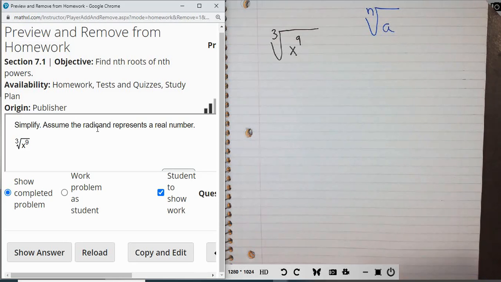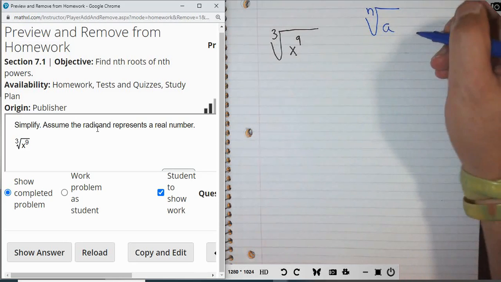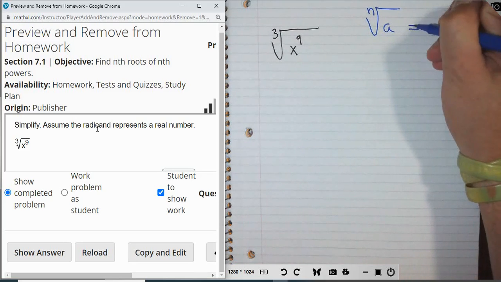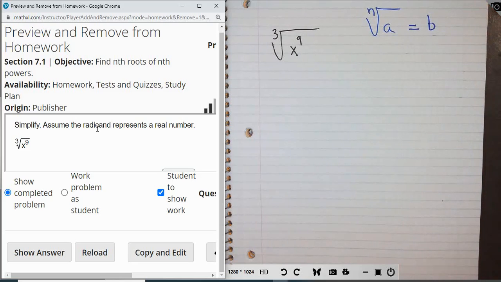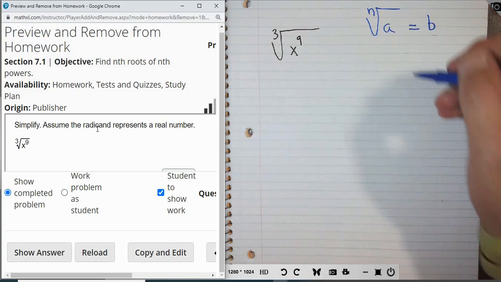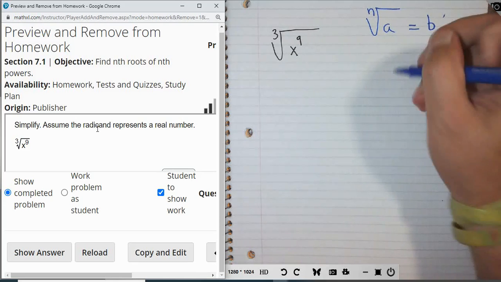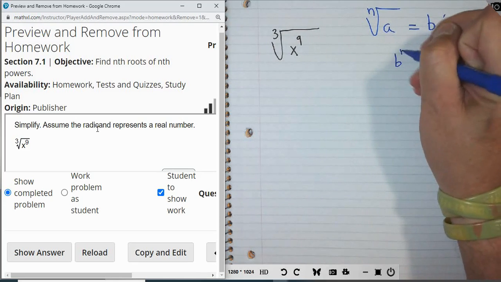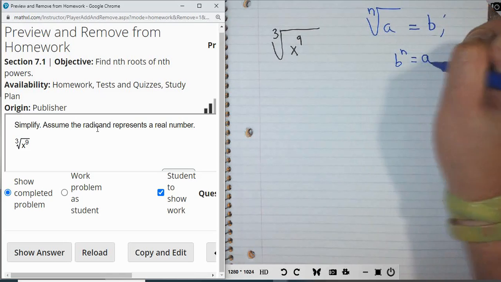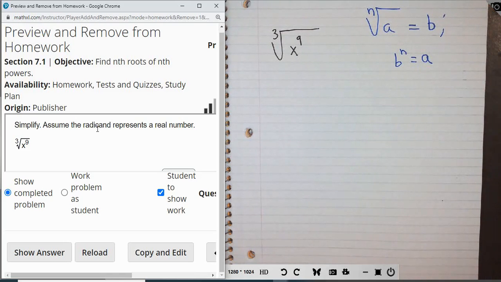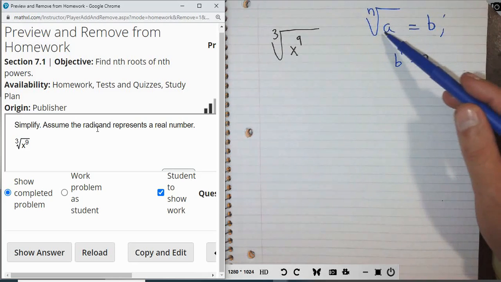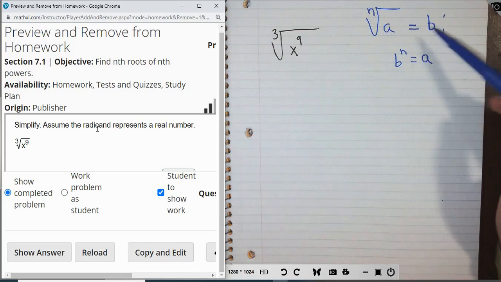Going back to what we said before, we could write this as the nth root of a is b, and what we were saying in that case is b to the n equals a. Let's reiterate: this representation is a number whose nth power is the radicand a.